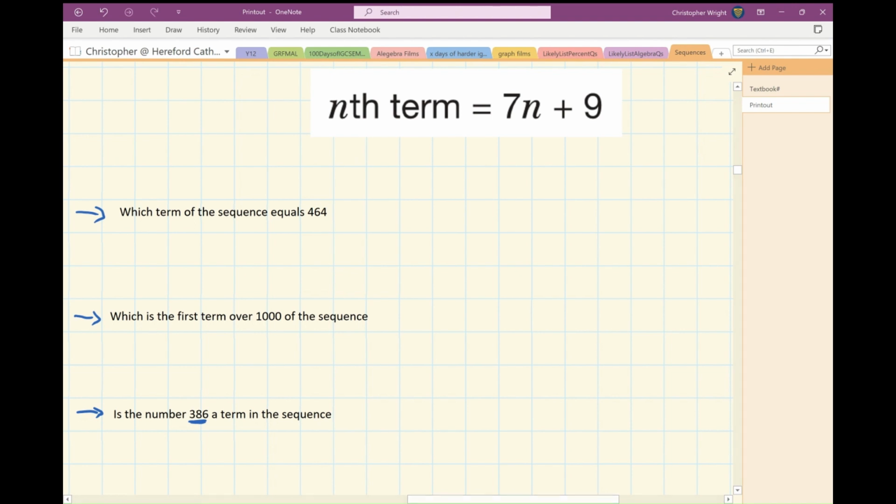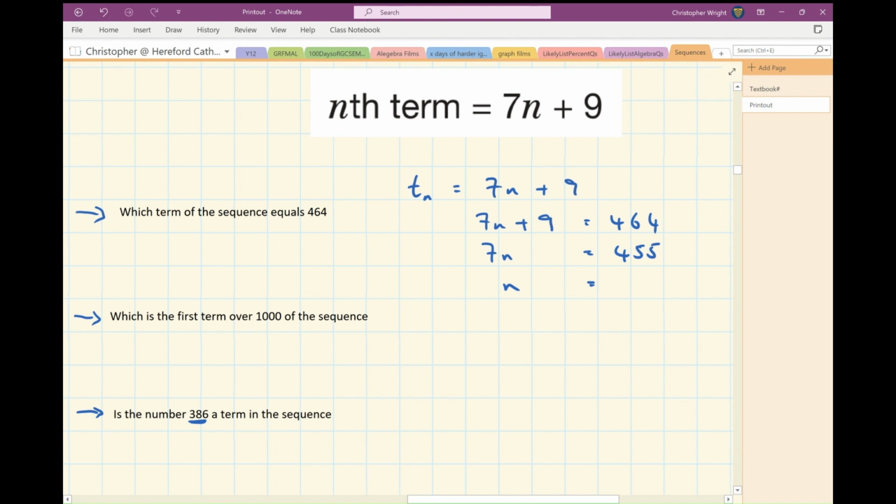So let's look at the first one here. Which term of the sequence equals 464? We've got the nth term is 7n plus 9, and we're being asked to find out which term of the sequence equals 464. So I need to have 7n plus 9, the term of the sequence, equaling 464, and I have to solve that equation to find which n will give me that answer.